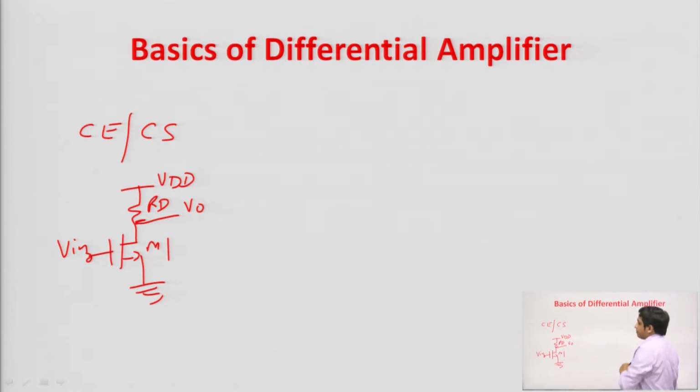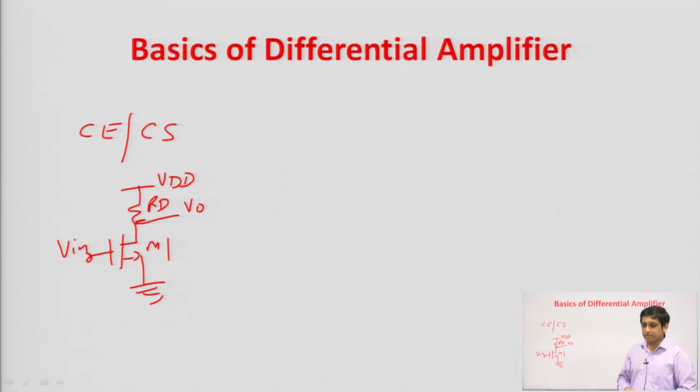But in differential amplifier, the input signal is applied between the gate of the two MOSFETs or the base of the two BJTs. So, we can design this differential amplifier using BJT, using MOSFET. It is called differential amplifier because it amplifies the difference between two signals.